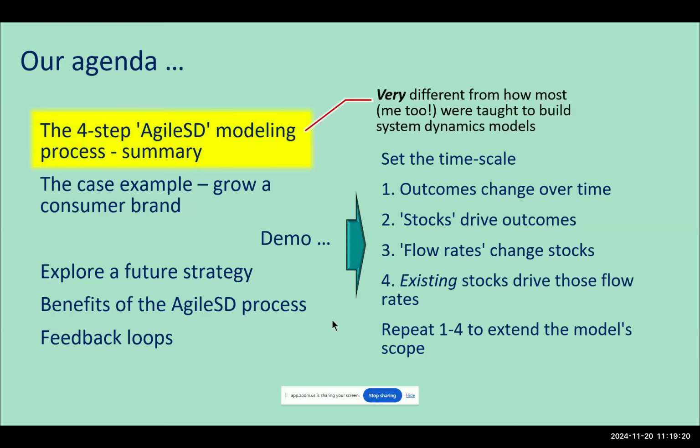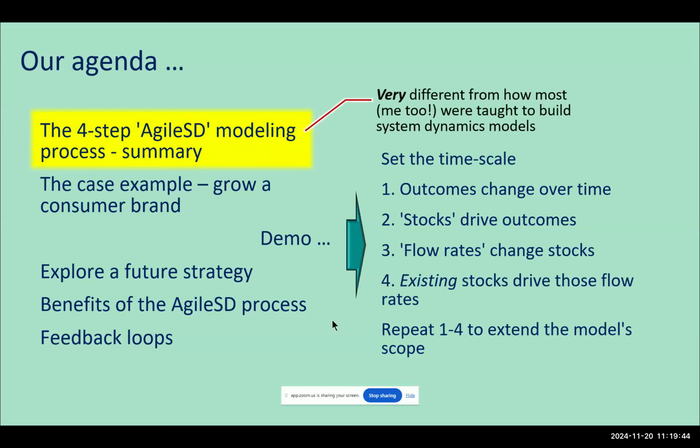So let me start with this summary of the 4-step Agile SD process. Anyone who's built models using system dynamics in the past, I should highlight that this is a very, very different process from how most of us were taught to build system dynamics models, including me.